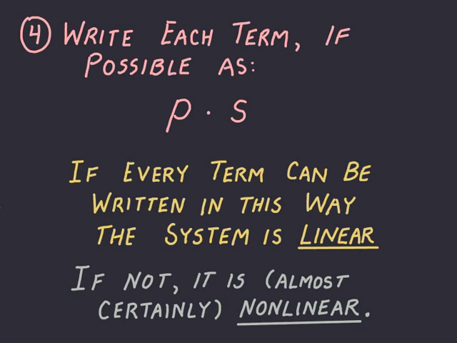If not, the system is almost certainly nonlinear. We can't be absolutely positive. It requires a little bit of thinking to see if there's any way that it could be transformed in such a fashion to make it into p times s. But if you're certain it cannot be transformed, then it is nonlinear.